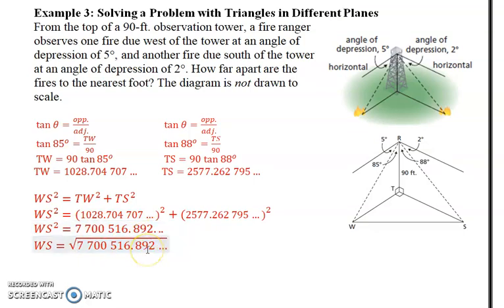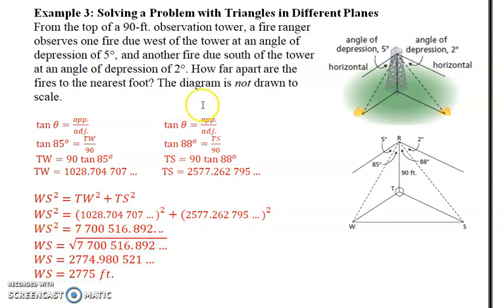I'm just taking the square root of the number that's in my calculator, and I get WS equal to 2,774.980521, and so on. Our answer says how far to the nearest foot, so the decimal 9 rounds the 4 up to a 5, so 2,775 feet.